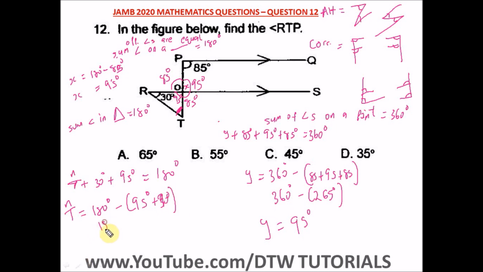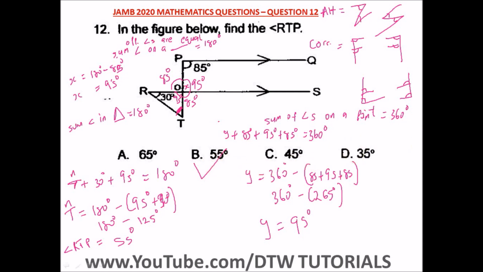So we have 180 degrees minus 125 degrees. Therefore angle T is equal to 55 degrees. So this is our answer. I hope we are following.